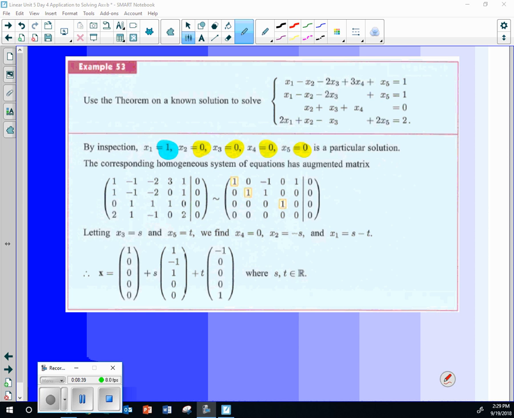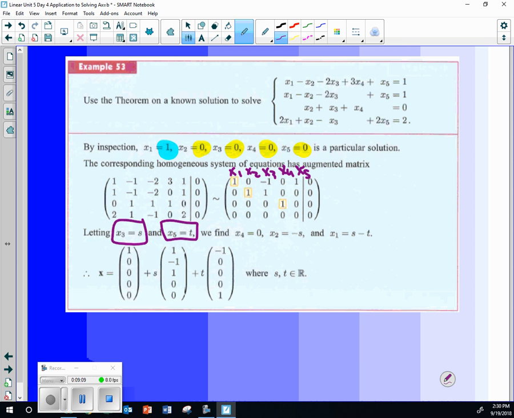And so what they did is once they got this, they assigned these to x1, x2, x3, x4, x5, and not this part. And then they said, okay, we're going to let x3 be equal to s, x5 equal to t. I think I've seen this example before.